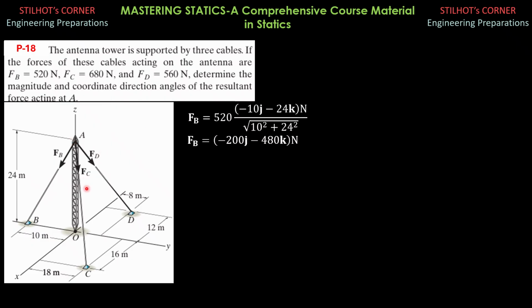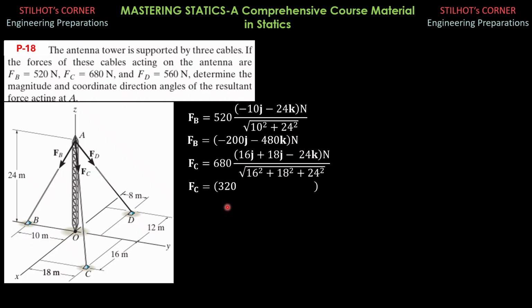FC is equal to magnitude 680 times the quantity positive 16i, positive 18j, then negative 24k over the square root of 16 squared plus 18 squared plus 24 squared. Simplifying, FC in vector form is 320i plus 360j minus 480k.